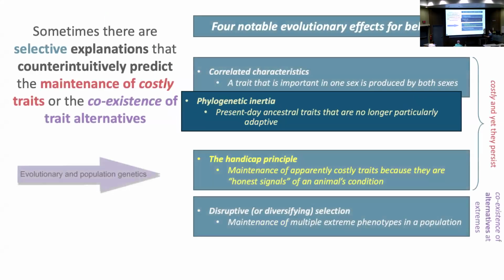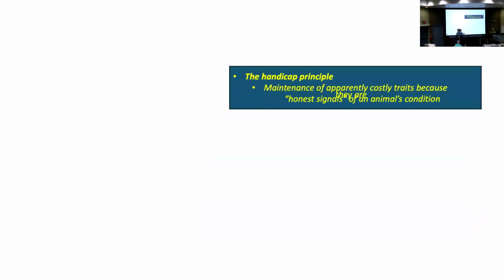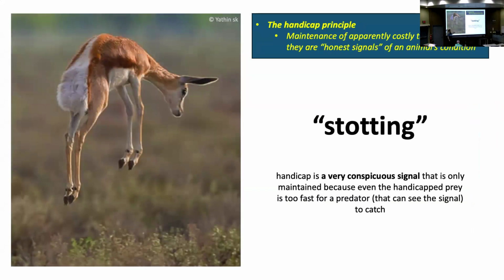All right, the other interesting case here, which we've seen one example of, is the handicap principle. So this is a case like stotting, which we saw in the first lecture. Very costly behavior. This animal could run away at a much higher speed. Instead of diverting its energy into darting away, it slows down some to leap up into the air and take this shape.